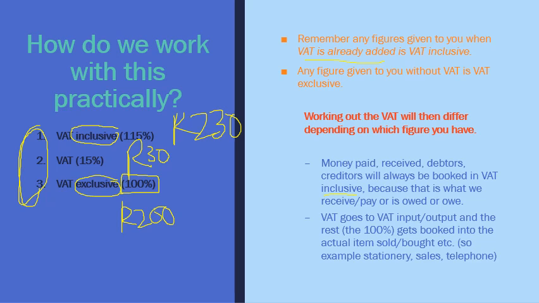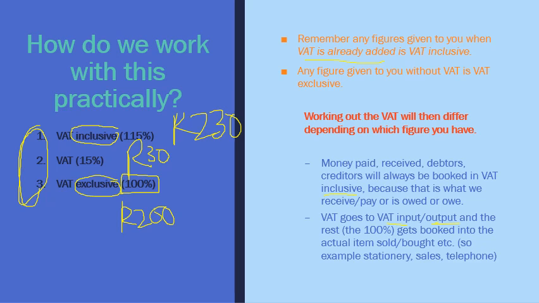And some of that full amount we're going to send to SARS, or claim back from them. So some of that we put into either VAT input or VAT output, and the rest gets booked into the actual product or service we offered or bought.